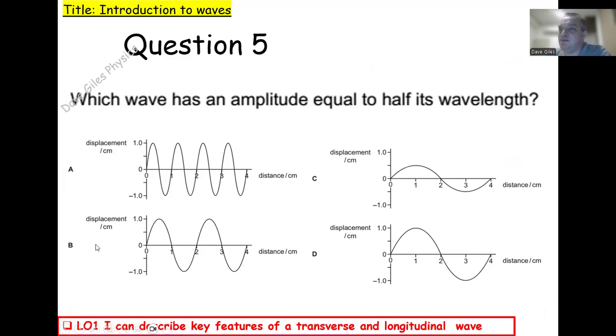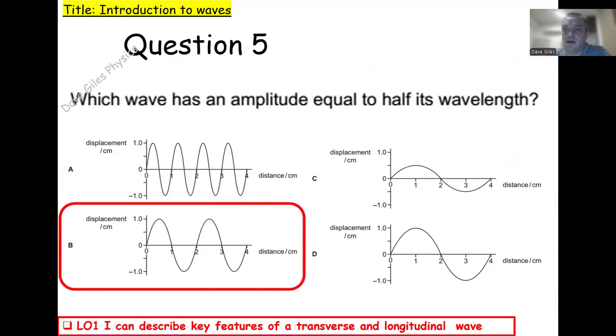So B here has an amplitude of 1 centimeter. For the wavelength, I'll start tracing it: up, down, back to where we started, 2 centimeters. So yes, the amplitude is half of its wavelength, so the answer is B.